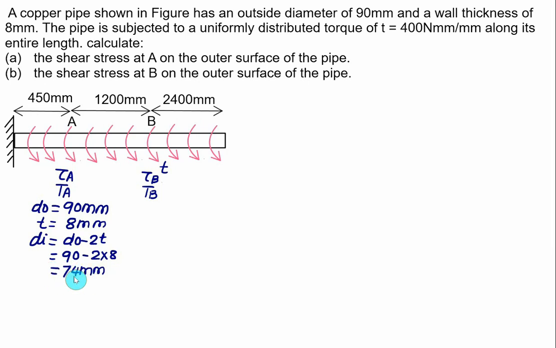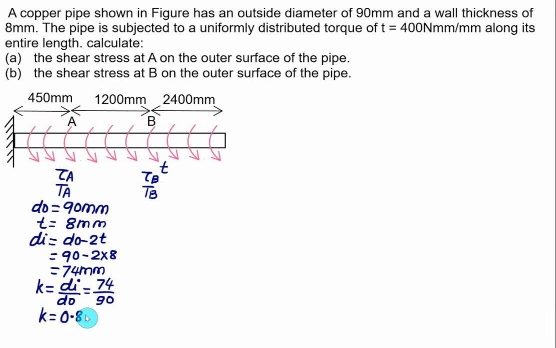Once we know DI and DO, we can calculate the value of constant K, which is the ratio of internal diameter DI divided by external diameter DO, which is equal to 74 divided by 90.